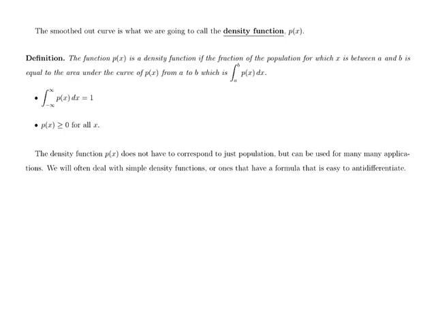There are some things that we know from density functions. So if I take the area from negative infinity to infinity, call this maybe the total area, this will give us the fraction of the total population, which will be 100%, or 1.